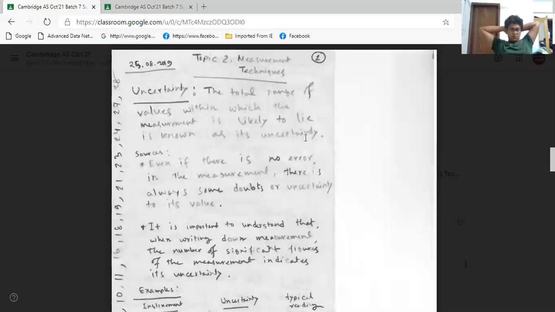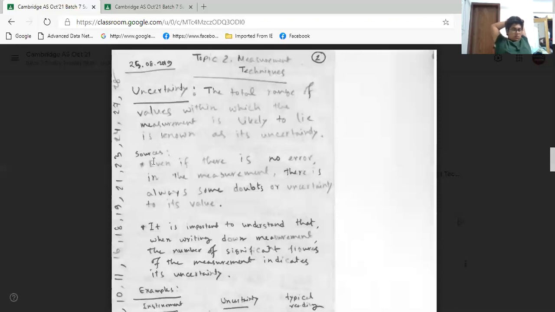Your value is 225. That is an accurate value. More accurate is 226. If it is 226, it's much more exact. So you got that now, what is called uncertainty.